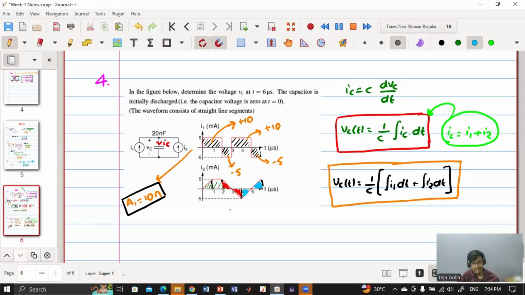Now, what is the area of this and what is the area of this? 5, 2.5. So this is 5, this is 2.5. So A2 is how much? 7.5.